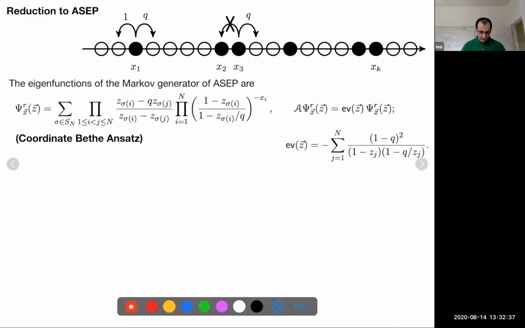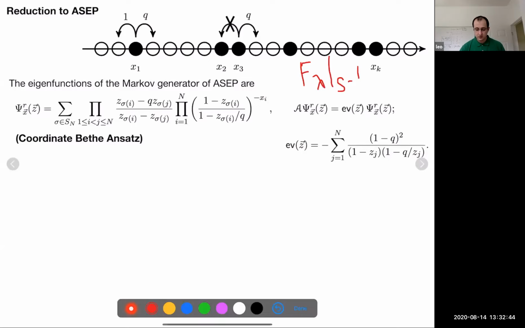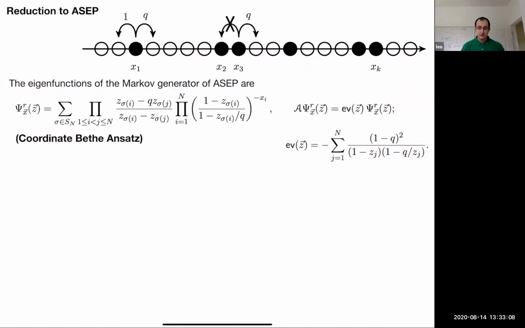And I forgot to write on the slides, but if you take f lambda and then you set s equal to 1 over root q, then essentially f lambda is going to be equal to this guy, where lambda is replaced by x, and there is no s, so there is a q here. So if you take the limit of the spin-Hall functions, you get ASEP eigenfunctions.